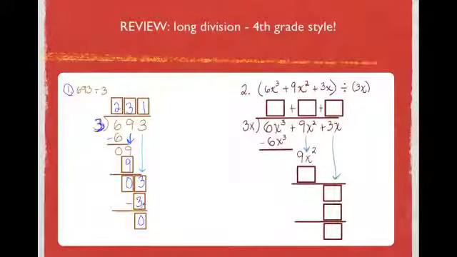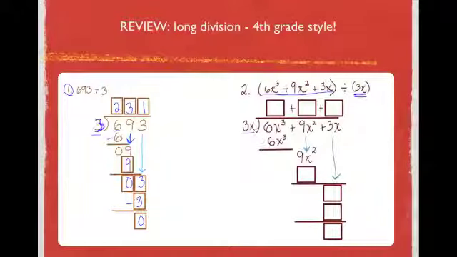And so we're going to go through that same process of seeing how many 3's does it take to make 6, and then multiplying and subtracting. We're going to do the same thing with polynomials. So in this case, we're dividing 3x into this polynomial.